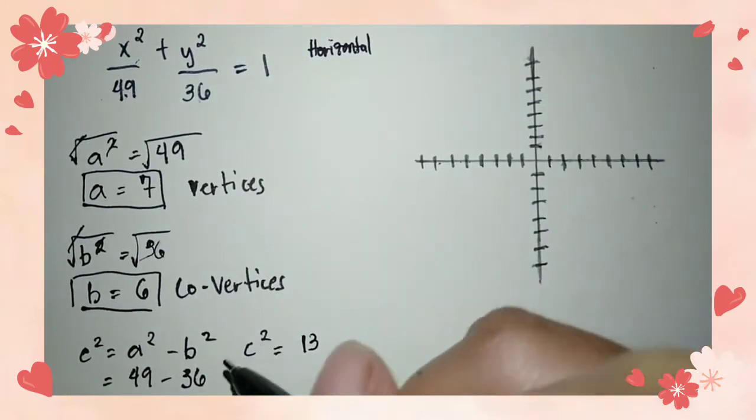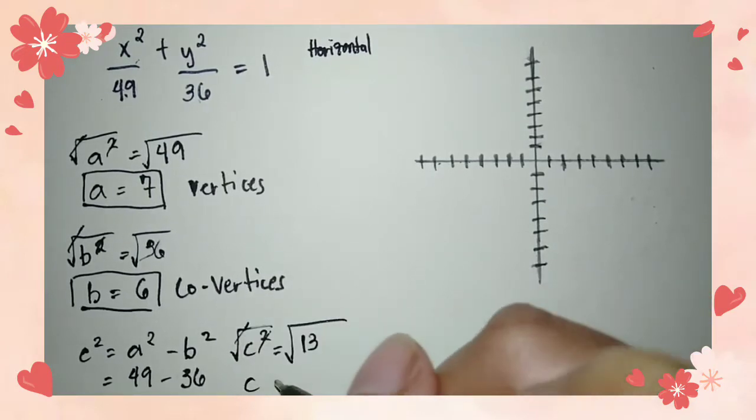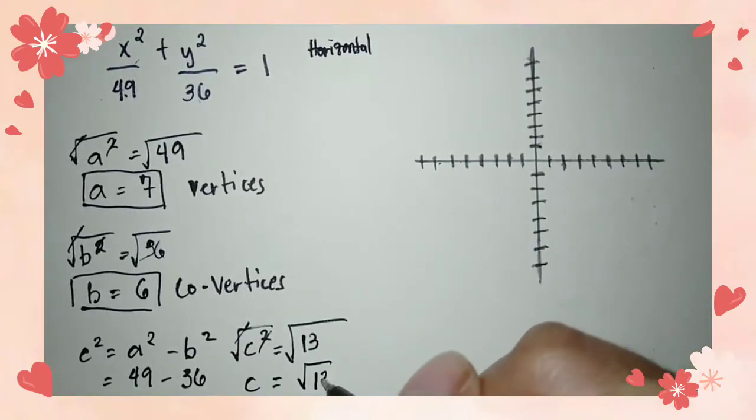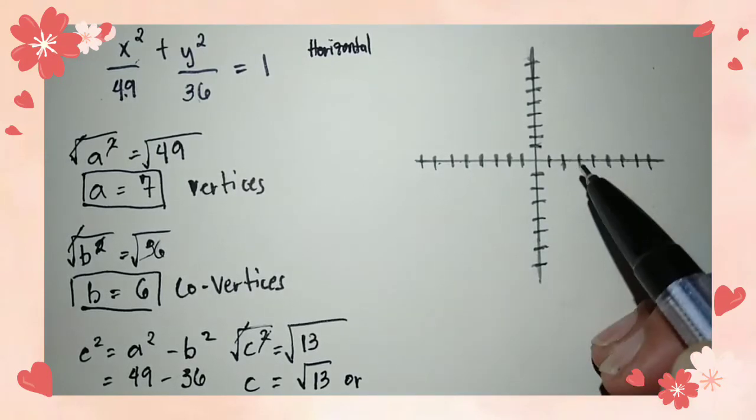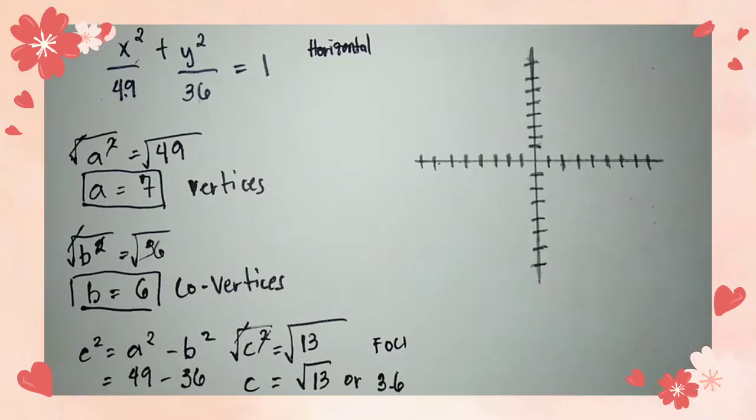And to cancel square, we have to extract square root both sides, then cancel. C is equal to square root of 13, or if you're going to compute it on your calculator, and para hindi din kayo mahirapan mag-plot sa Cartesian coordinate plane, it is equal to 3.6. So, si C naman yung mag-identify ng ating foci.